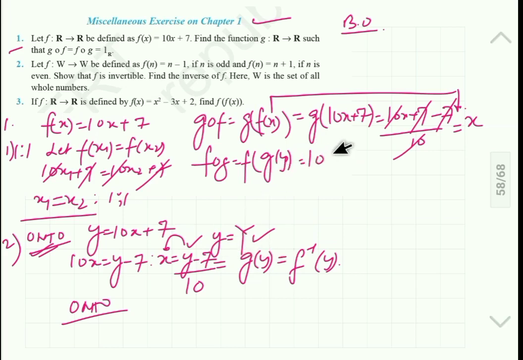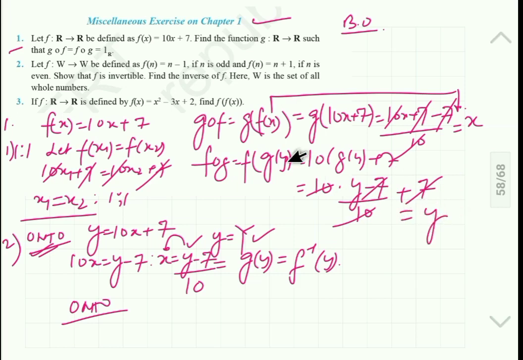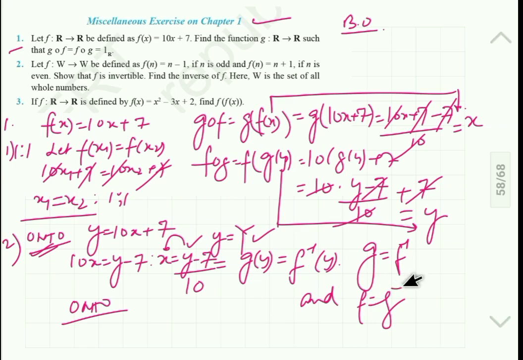So our output will be 10 into g(y) plus 7, which is 10 into (y minus 7) upon 10, plus 7. 10 will cancel 10, 7 will cancel 7. We are left with y. So we have got the identity element. That means g is equal to f inverse and f is equal to g inverse. Correct? So this is the solution to question number 1.